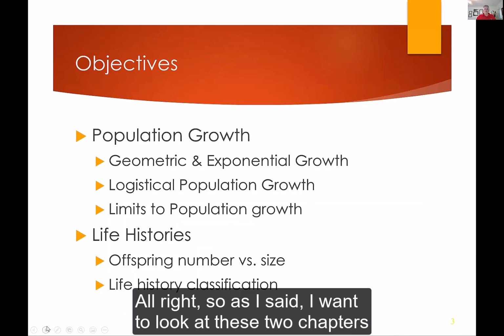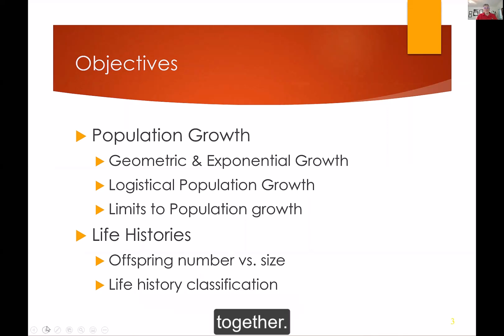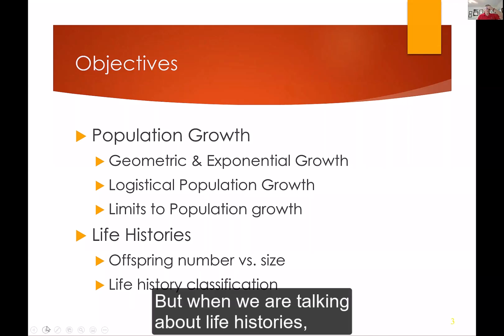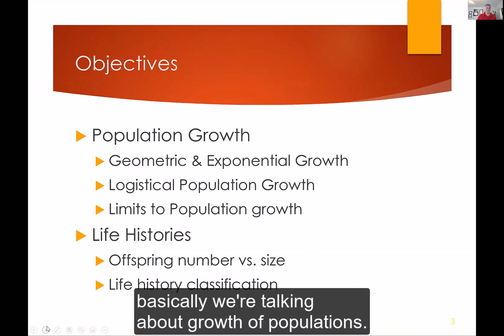All right, so as I said, I want to look at these two chapters together. The first chapter, chapter 11, focuses on population growth. But when we are talking about life histories, basically we're talking about growth of populations.